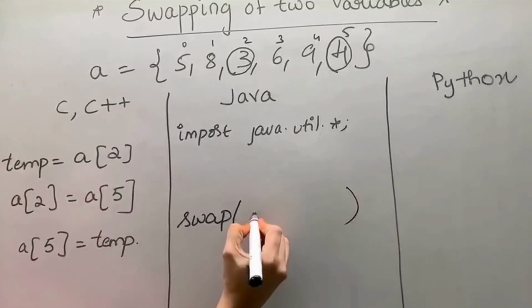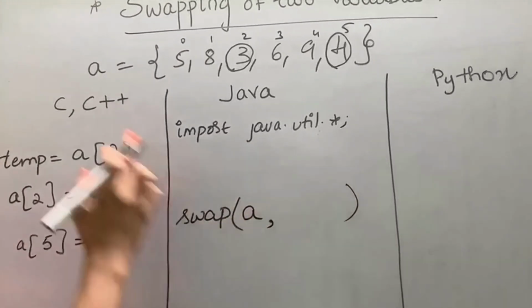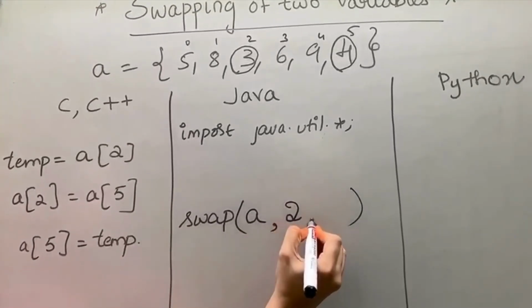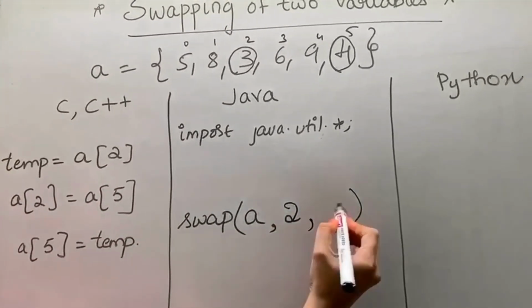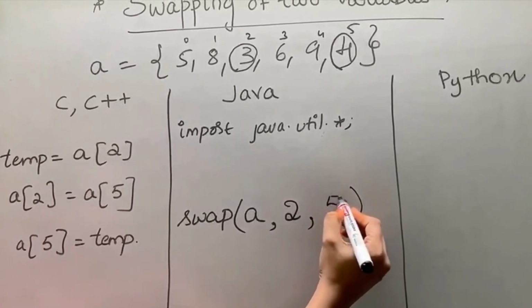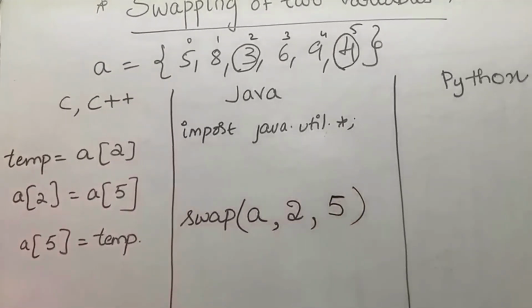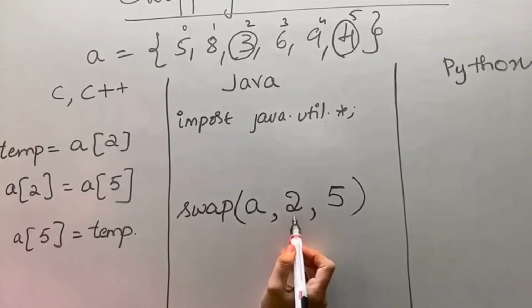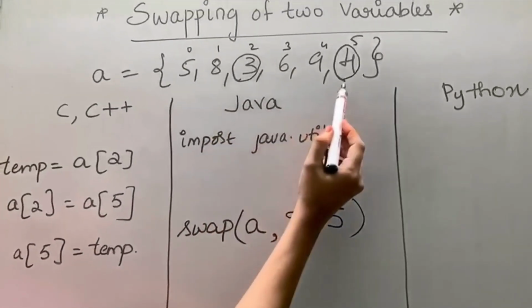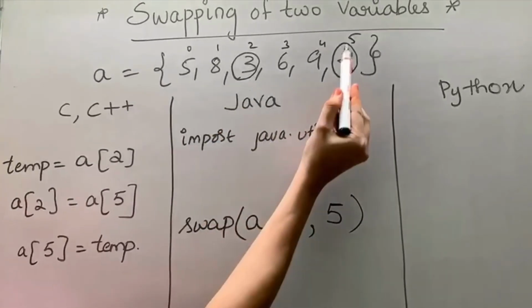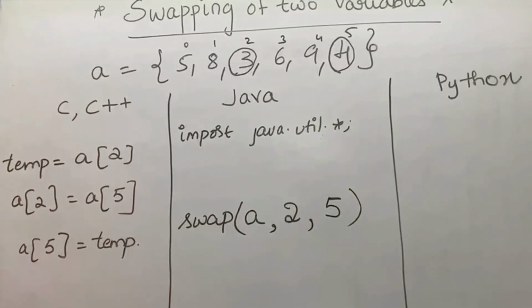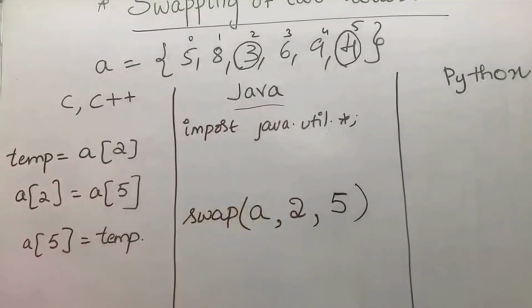The first parameter is the name of the array, that is A, the second is the index of the first element, and the third is the index of the second element. After this function has been executed, the second index is stored with the fifth index value and the fifth index is stored with the second index value. This is the case of Java.